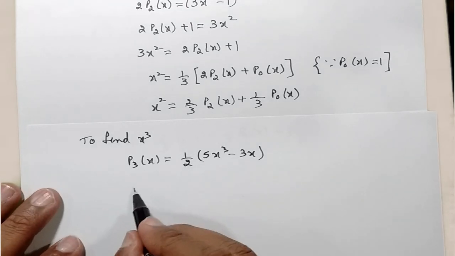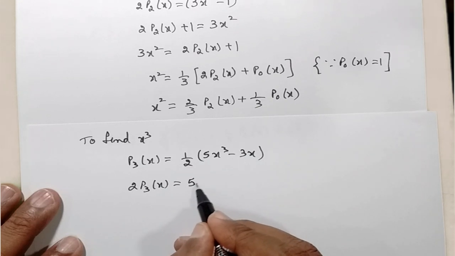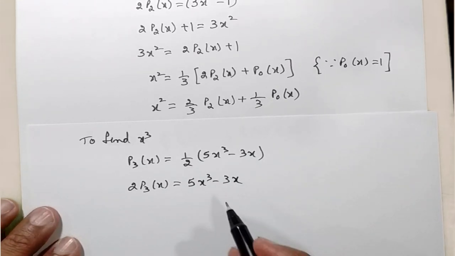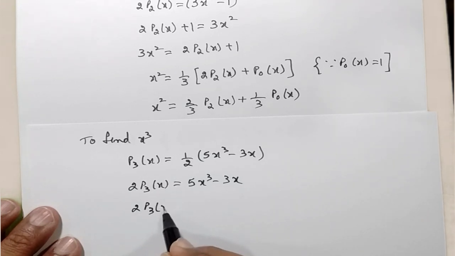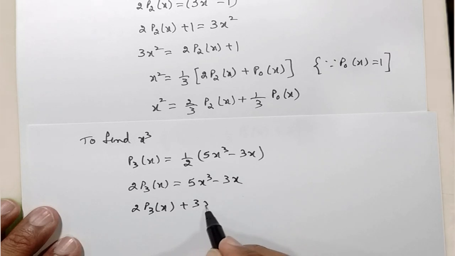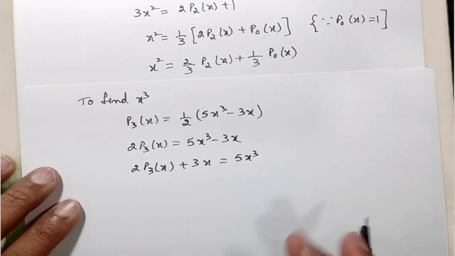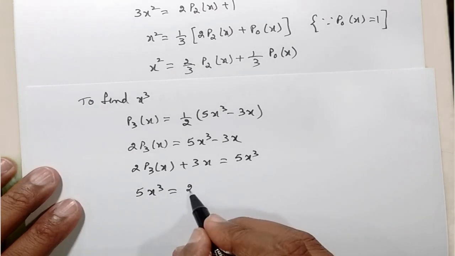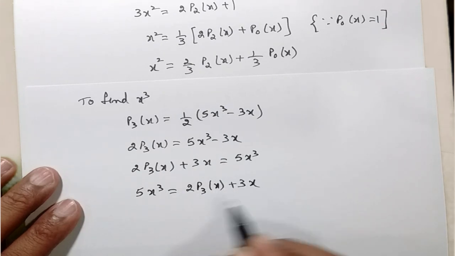So multiply this 2 on the other side: 2 times of P3 of x will be equal to 5x cube minus 3x. You can take this minus 3x on the other side, it becomes 2 times of P3 of x plus 3x equal to 5x cube. So you want the value of x cube, so you can write 5x cube equal to 2 times of P3 of x plus 3 times of x.